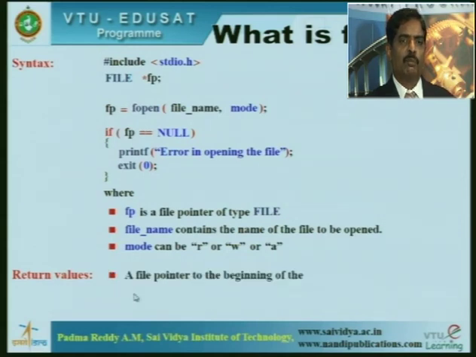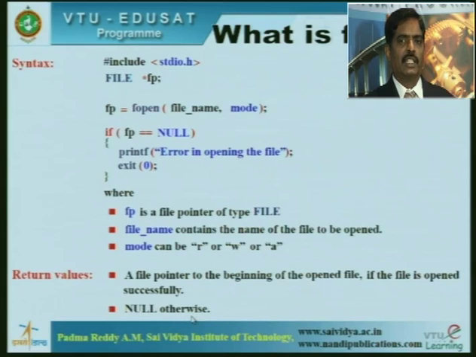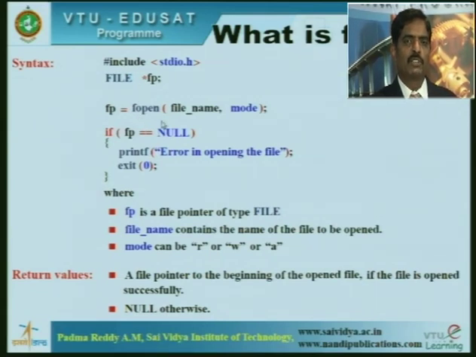So the return value may be a file pointer to the beginning of the opened file, if the file is opened successfully, or null otherwise. Now we have seen what fopen is, its syntax, and what happens when the file is opened successfully or not.